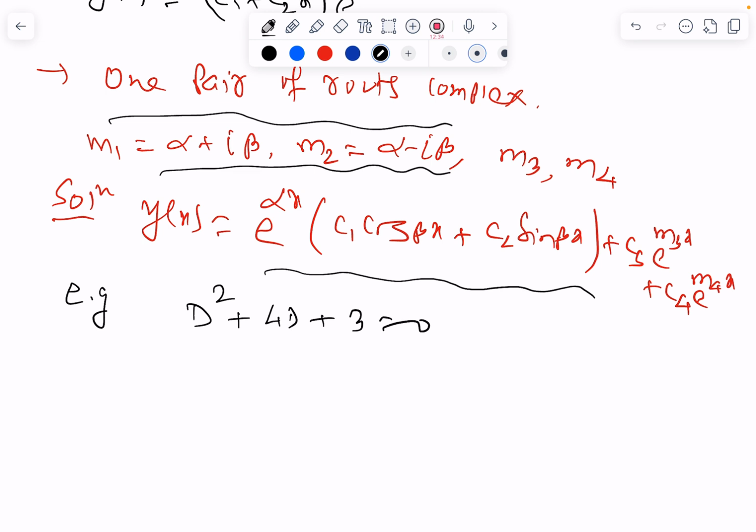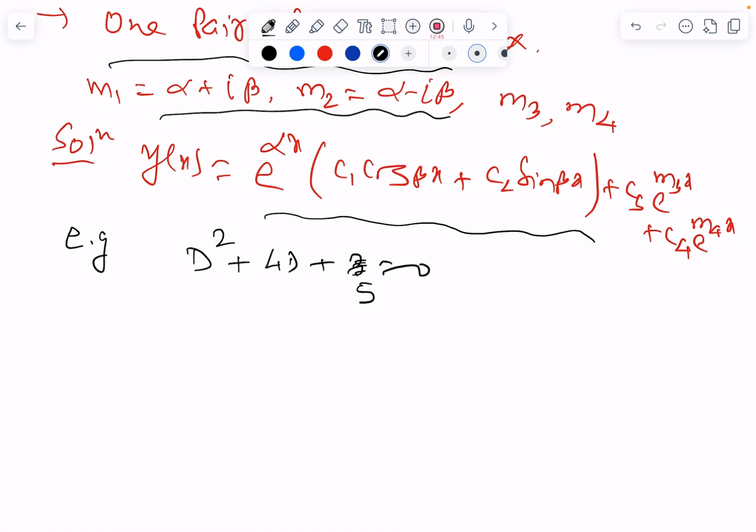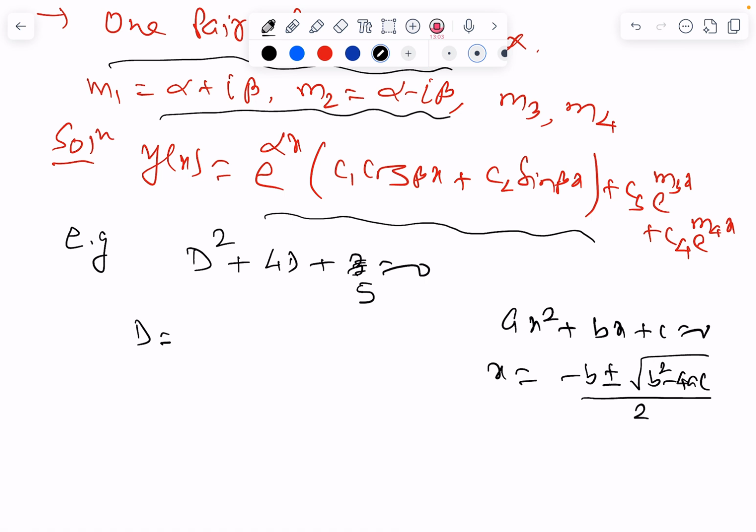Let us not take 3, but say 5. Then the roots are like this: we know for ax square plus bx plus c equal to 0, the roots are x equal to minus b plus minus root of b square minus 4ac, divided by 2a.